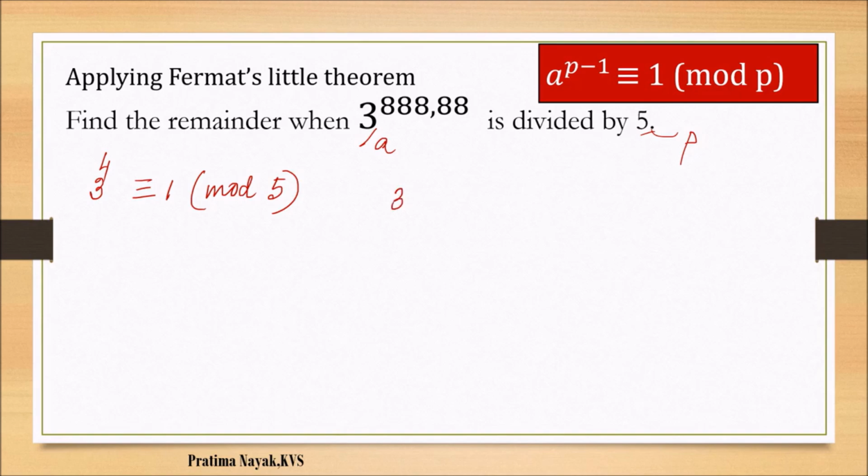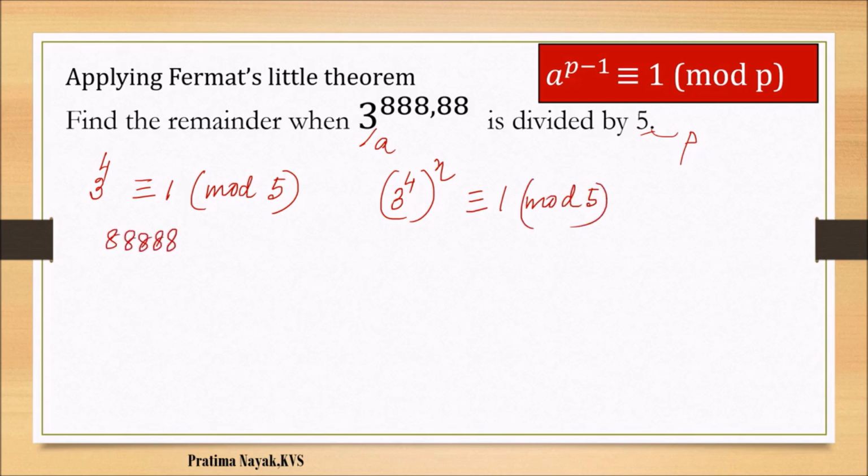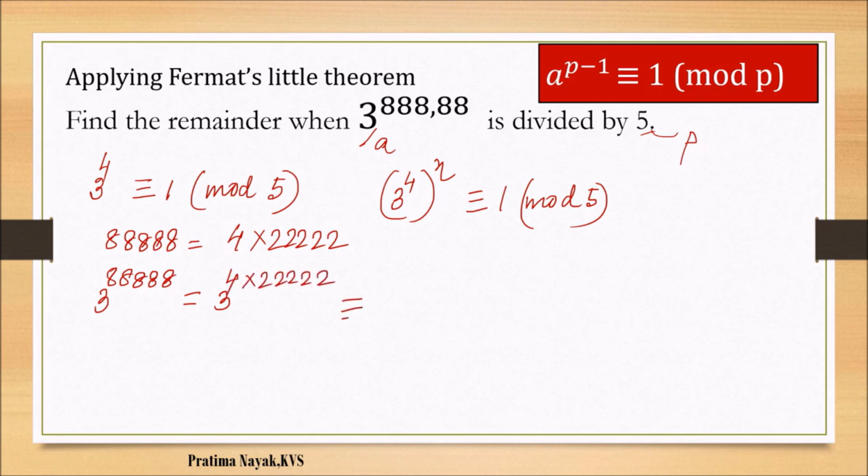So 3 raised to the power 4, to the power of any number, is again congruent to 1 modulo 5. 88,888 is such a big number, but it is divisible by 4, that is 4 times 22,222. So I can write 3 raised to the power 88,888 is the same as 3 to the power 4 into 22,222. So this will be congruent to 1 modulo 5. So the remainder is 1.